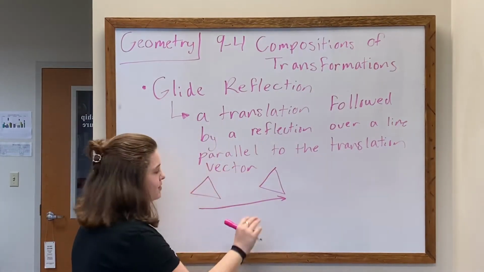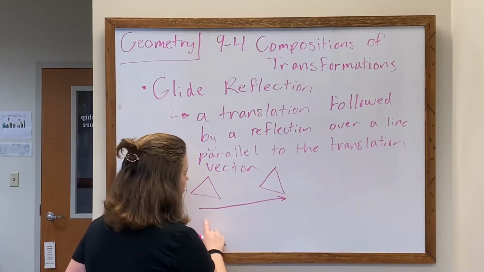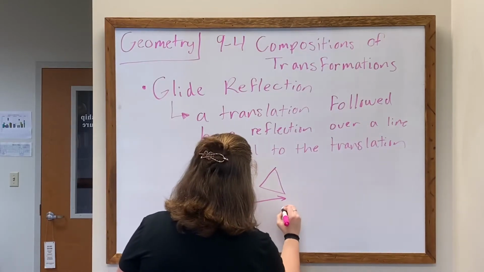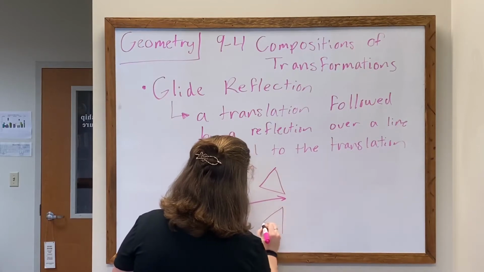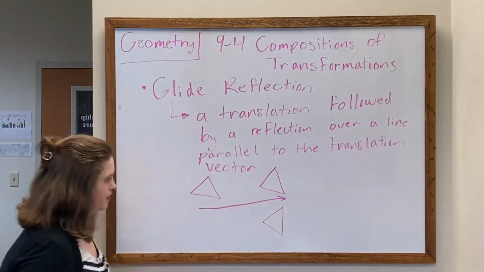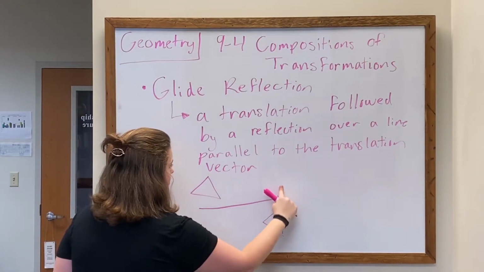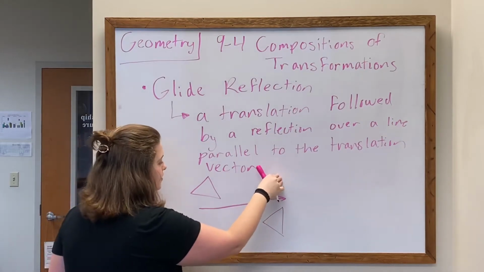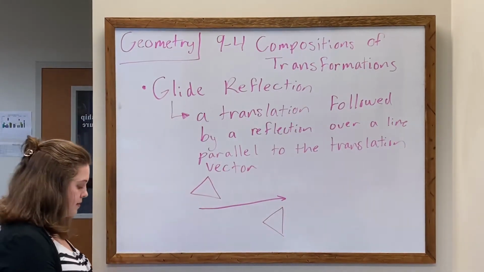I didn't measure, so it's not exactly perfect. Then reflect it over your translation vector, and that's your new shape. So it's first moved along your translation vector and then reflected across the line.